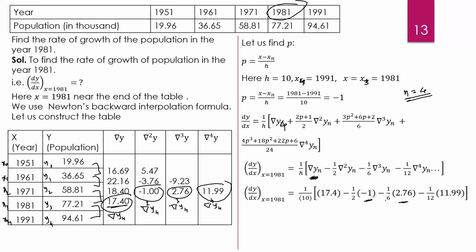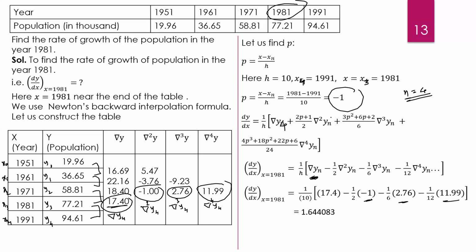The third order backward difference, 2.76. This is the fourth order backward difference. Now simplify this. We get 1.644083. Okay, so here this is not a last value. Here this is the previous value. So we get p is equal to -1. So remember this.